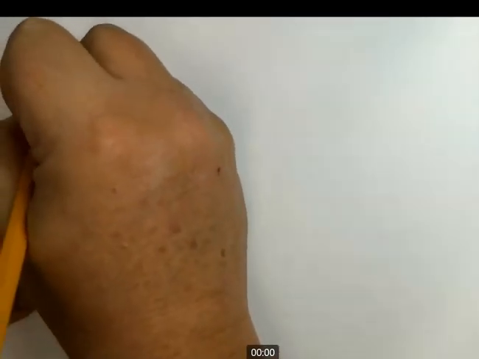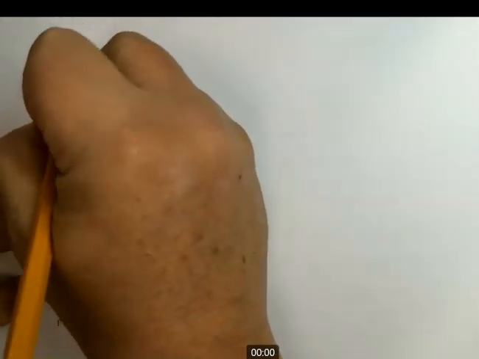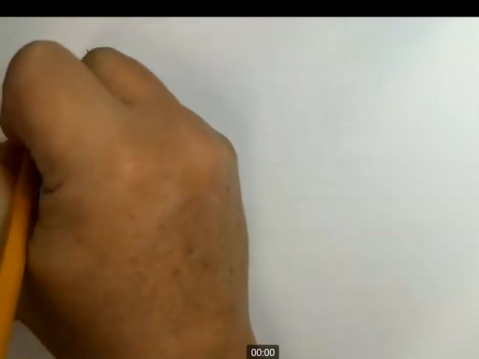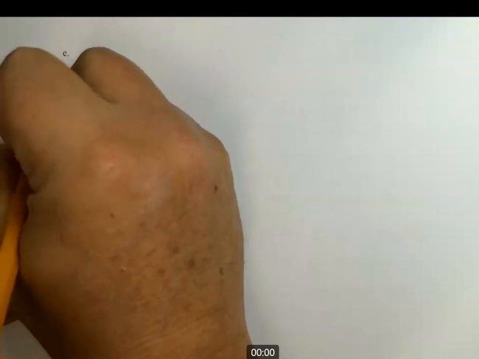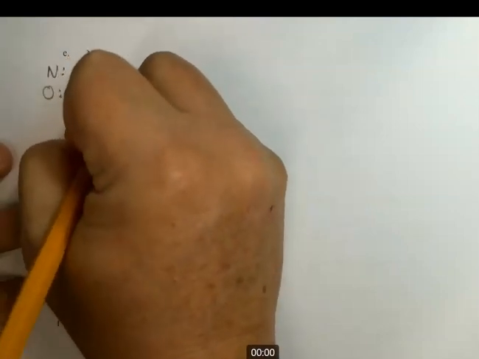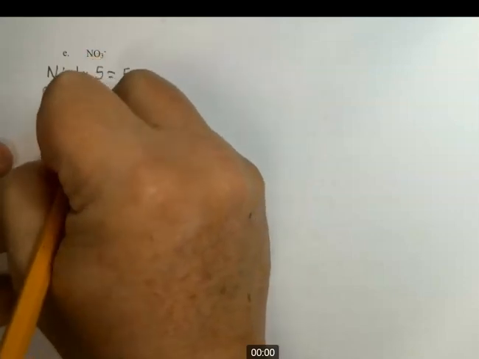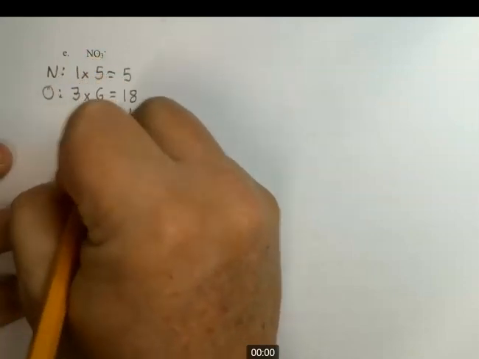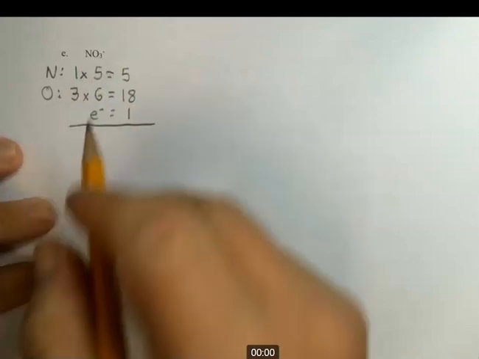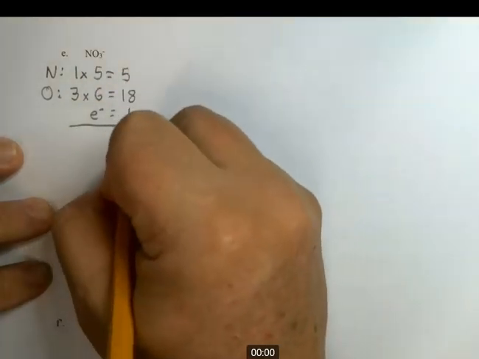I'm going to do these fairly quickly here, so hopefully this is all becoming kind of second nature to you. So it's 1 times 5. So you do have an anion, negative charge, so you add the extra electron in, and you get 24.